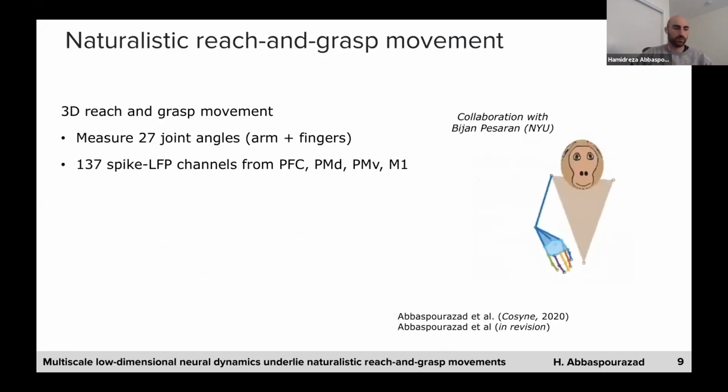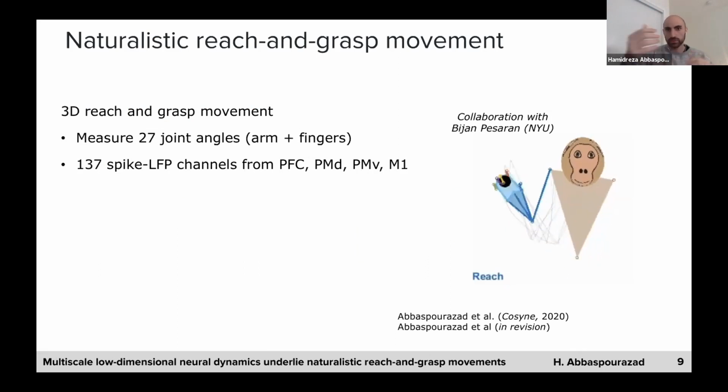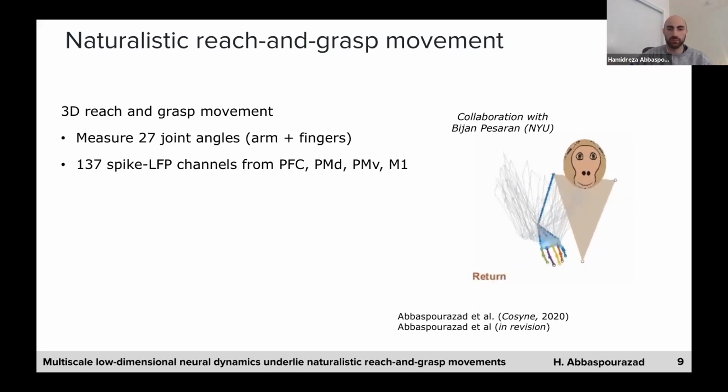I also discussed that we want to understand the low-dimensional dynamics during naturalistic reach and grasp movement. We look at this naturalistic reach and grasp movement task performed by our collaborators at Bijan Pesaran's Lab at New York University. In this task, there were no specific go cues or hold cues that would isolate any part of the movement.